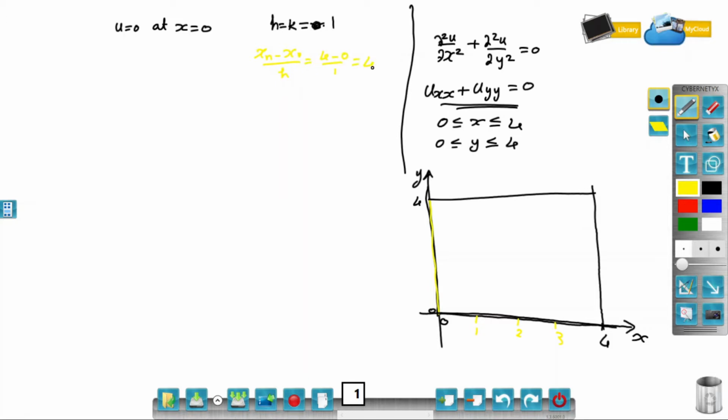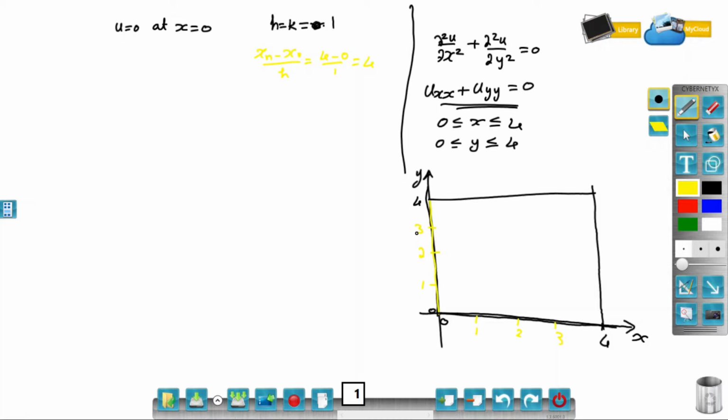So n + 1 is the number of points, so we have 5 points: 0, 1, 2, 3, 4. Is it okay? Now, what about y? k = 1, so 0 is the first point, then 1, 2, 3, 4.